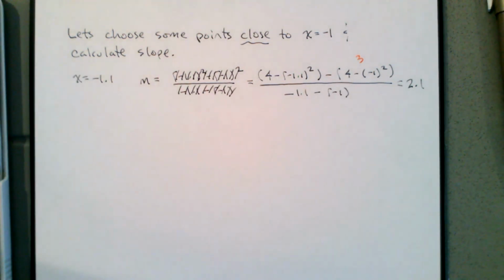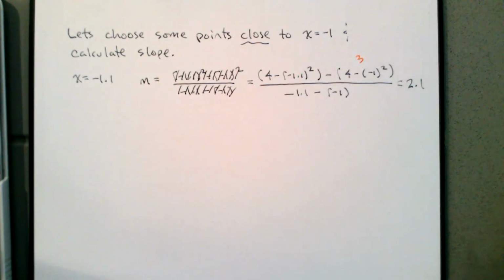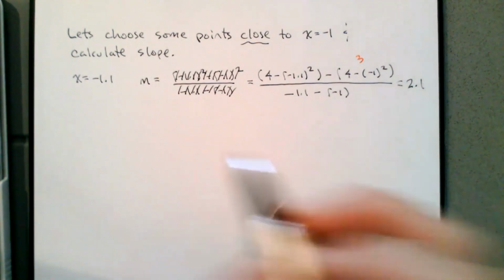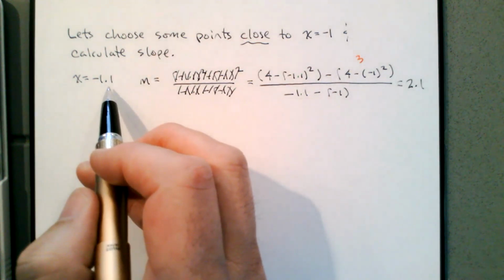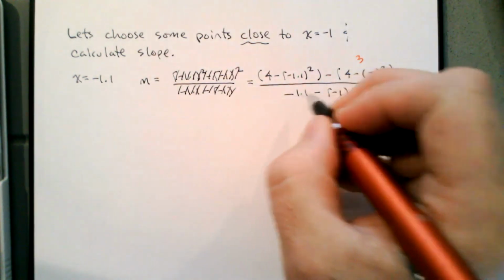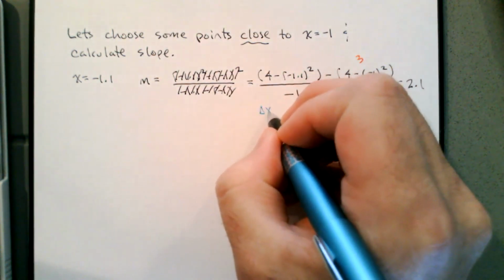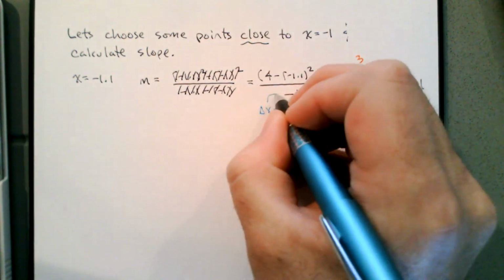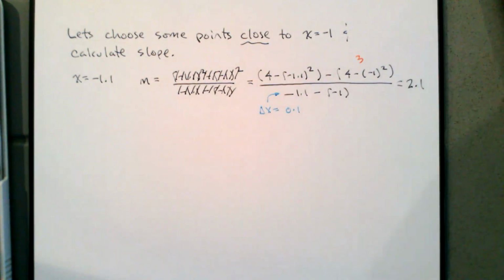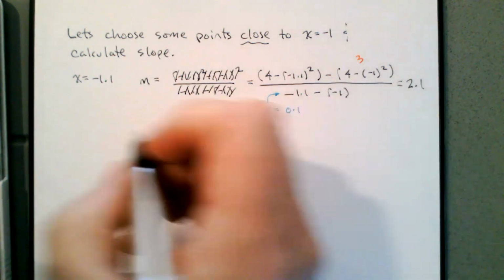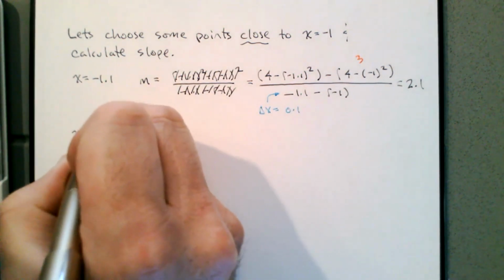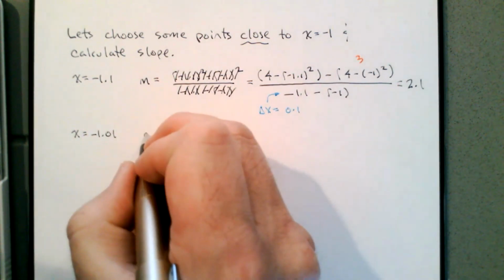So let's suppose that we wanted to pick something closer to -1. We know this is an approximation of the slope, with a delta x of 0.1. So here we have our delta x down here. So let's try a point that's closer to x equals -1, and let's calculate the slope there.